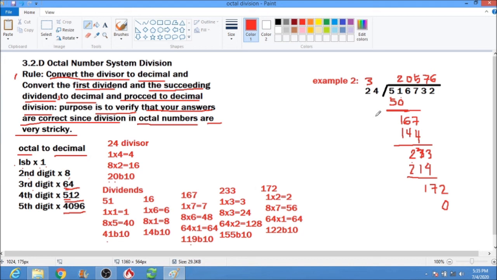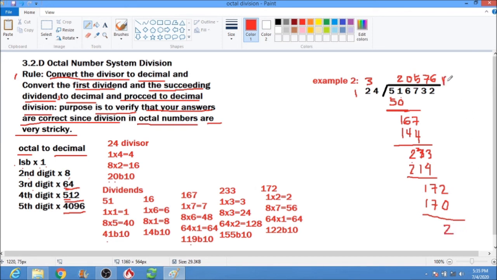So 15 minus 8 is equal to 7. Carry 1. So we have 170. So 172 minus 170, and our answer is 2.